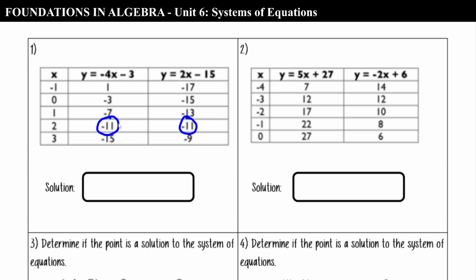So since this is the same y, for this one x, our solution is x equals 2, and the y value, which is -11. For the next one, we look again to see where we have the same y value in the table. And so our solution here is going to be -3, 12.